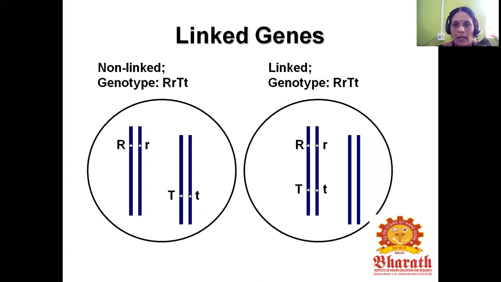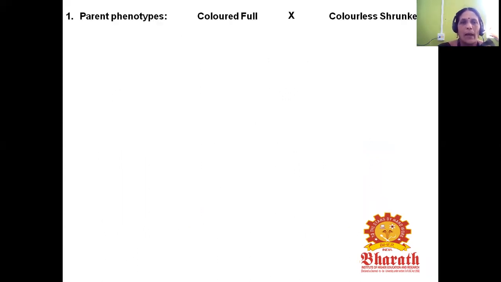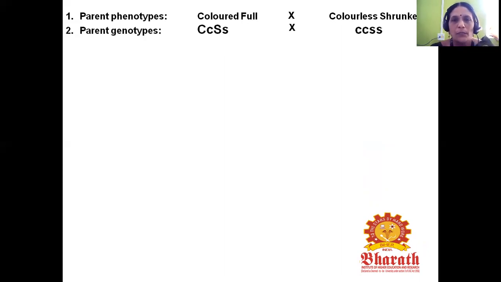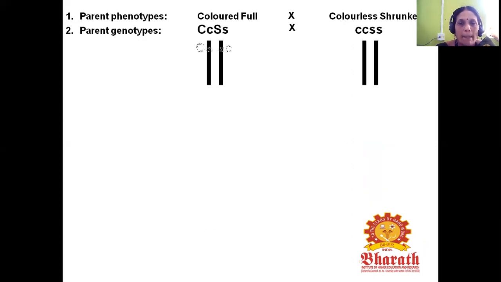The parent phenotypes are colored full crossed with colorless shrunken. The parent genotype is capital C capital S, small c small s, crossed with small c small s.